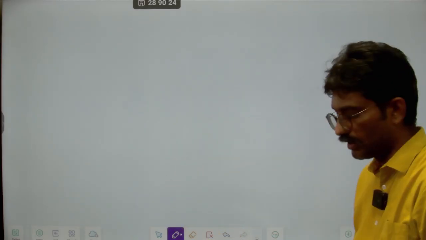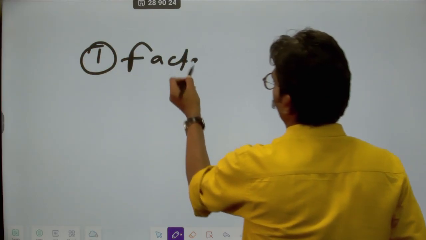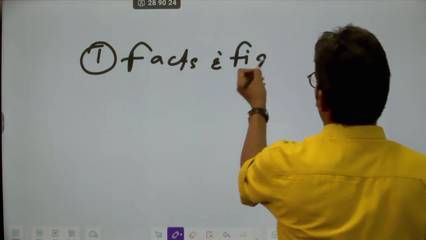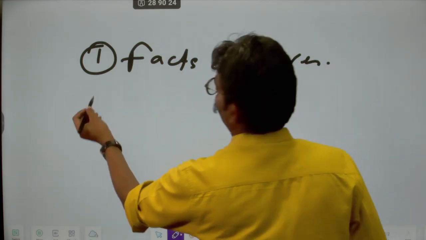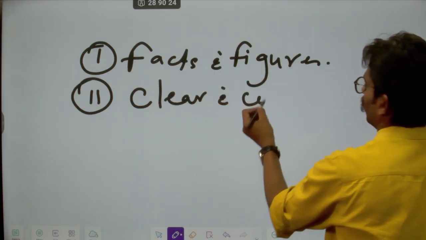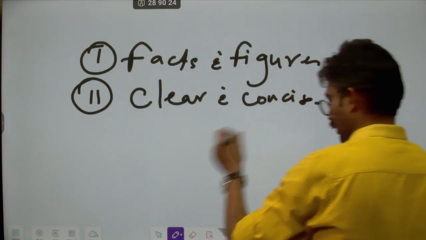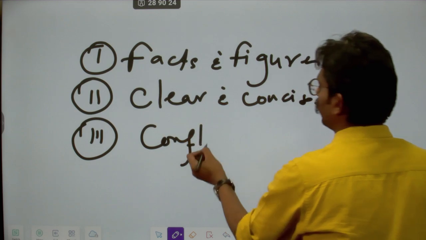We'll write all the pointers now. First is based on facts and figures, F and F. It should be clear and concise, C and C. Any conflict of interest should be disclosed.